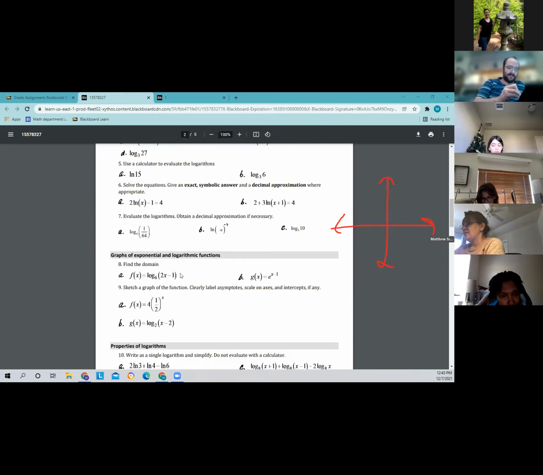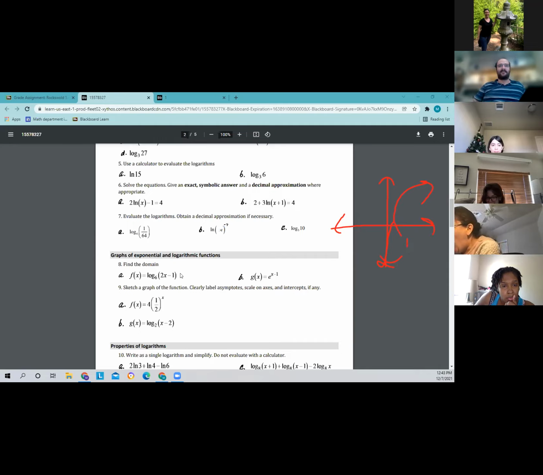So if we think about exponentials, what can they not be? They cannot be 0, but they can be anything greater, right? Fractions are going to give us negative numbers. And then this is going to be like the 1 right here. It's going to go through at 1. And then anything greater than 1 is going to give us a positive number, right?